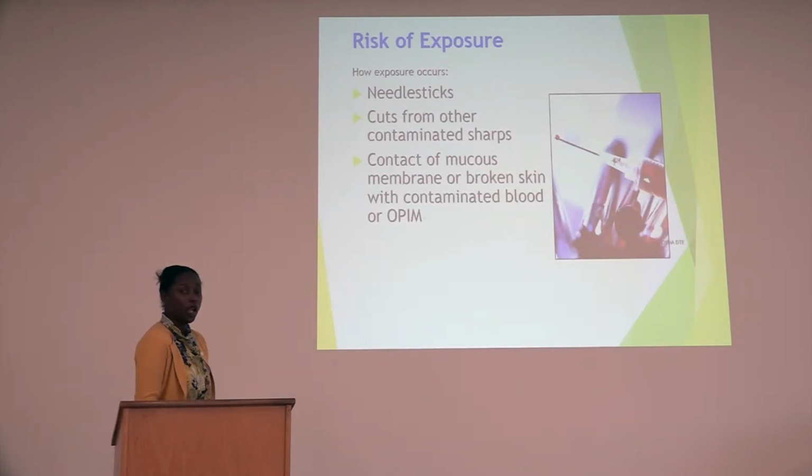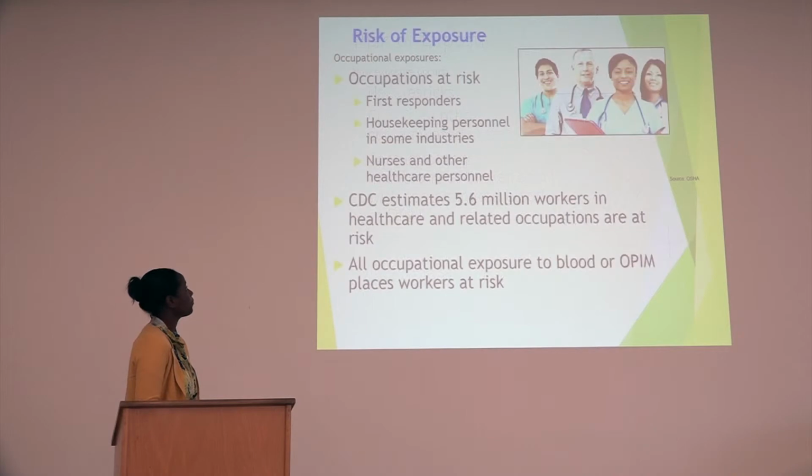The most common are needle stick injuries, cuts from other sharp equipment, and contact with mucous membrane. When we say contact of mucous membrane, we mean that you can have a splash that occurs in the eyes, or you can have exposure go directly into the mouth.